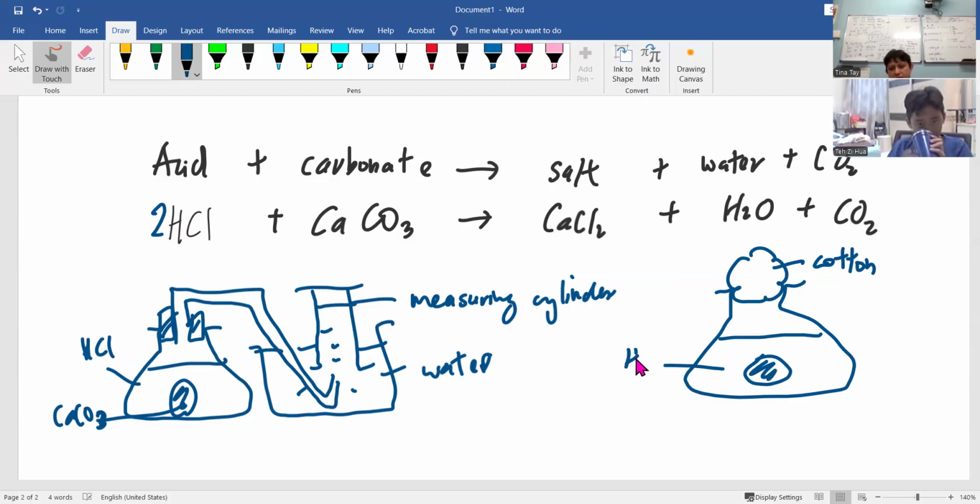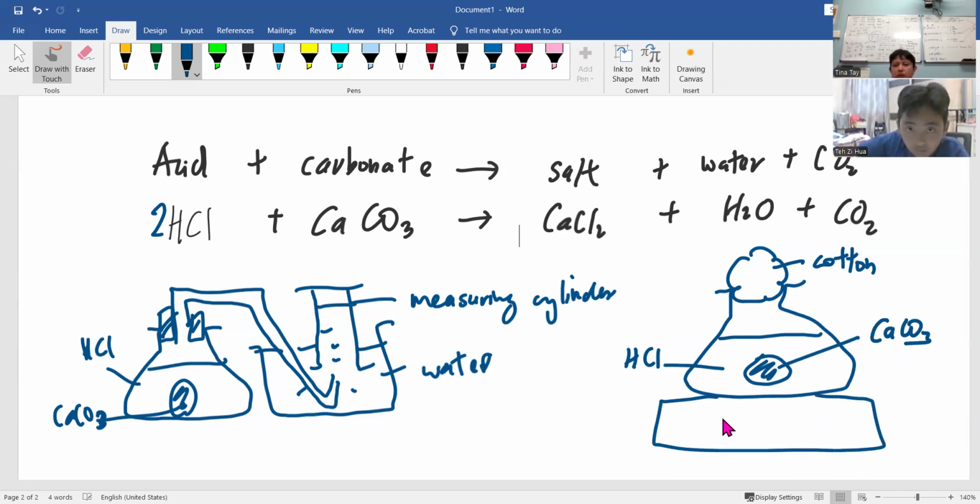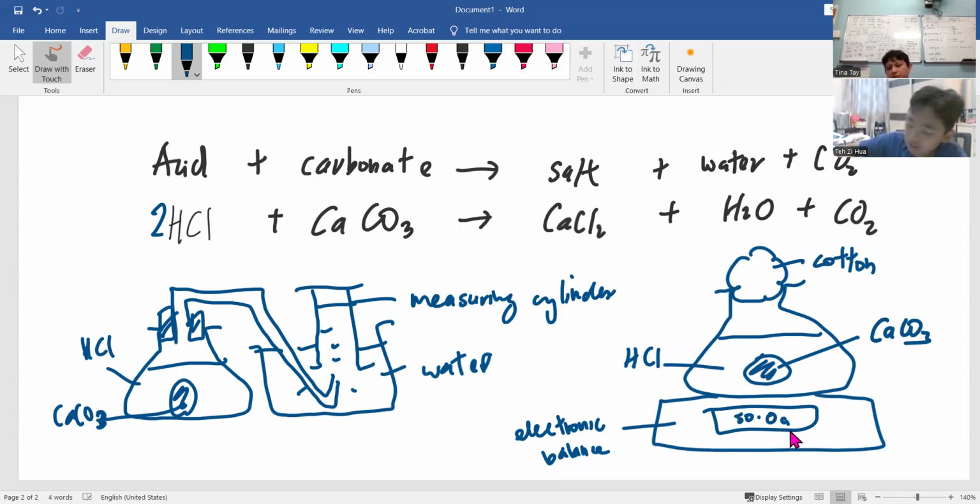Same experiment. Do you know what an electronic balance is? The one that measures the mass. Okay, you look at this apparatus. You draw this apparatus, and you tell me, how do I measure the rate of reaction?